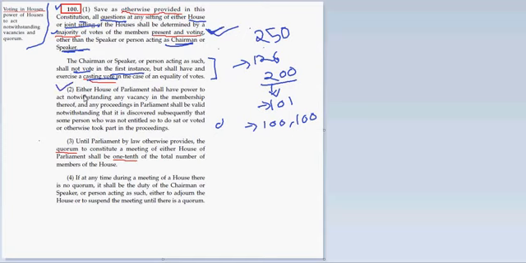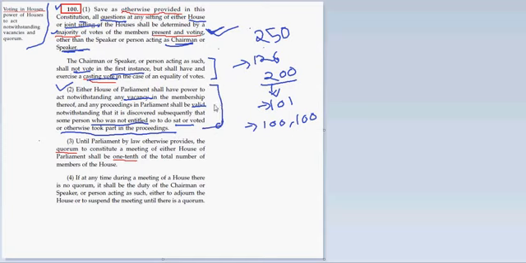Next, clause 2 says either house of parliament shall have power to act notwithstanding any vacancy in the membership thereof, and any proceedings in the parliament shall be valid notwithstanding that it is discovered subsequently that some person who was not entitled to do so sat or voted or otherwise took part in the proceedings. This is pretty clear.